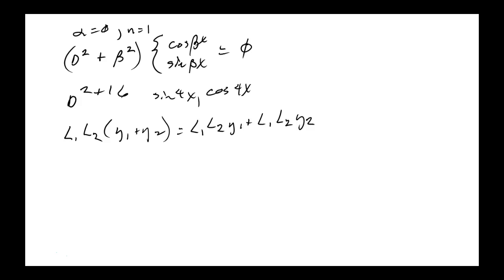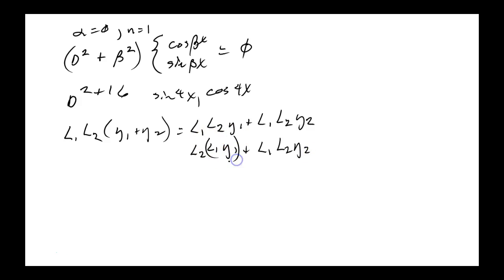It goes back to theorem 4.1.2, but I don't think we actually have to go that far. Oh, here we go. Yeah, there it is right there. L1, L2 is the same as L2, L1. They commute. It doesn't matter. So we can rewrite this as L2, L1, y1 plus L1, L2, y2. Pretty simple thing.